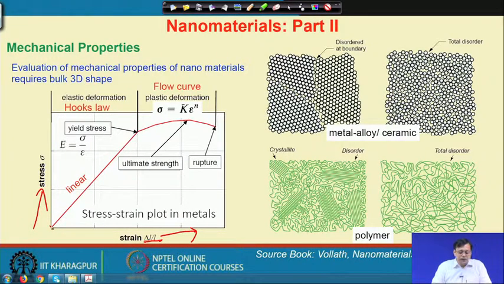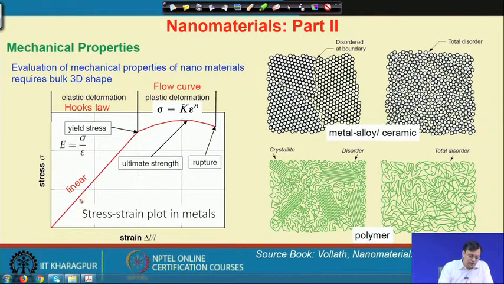The typical property that scientists observe is that the stress and strain follow a linear behavior, and after some strain value it shows a non-linear behavior. This is a very typical plot for metals and alloys, or, let us say, ceramic and so on.